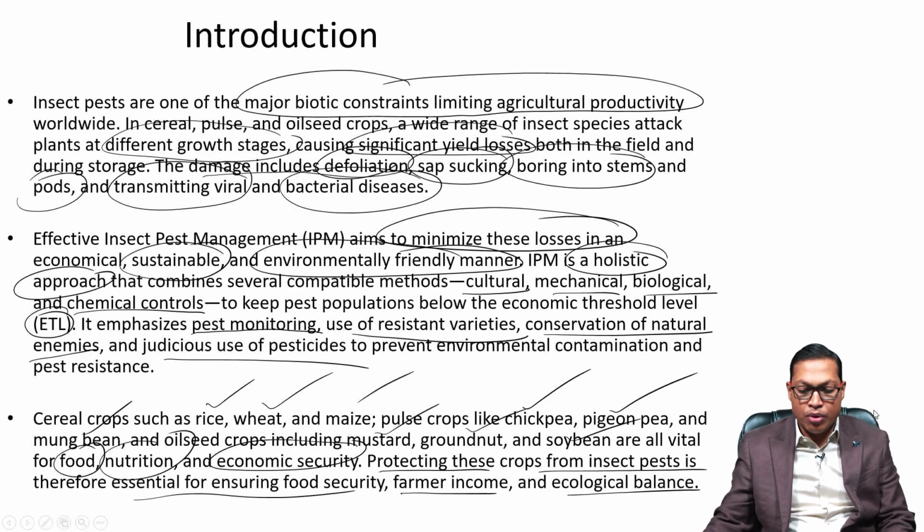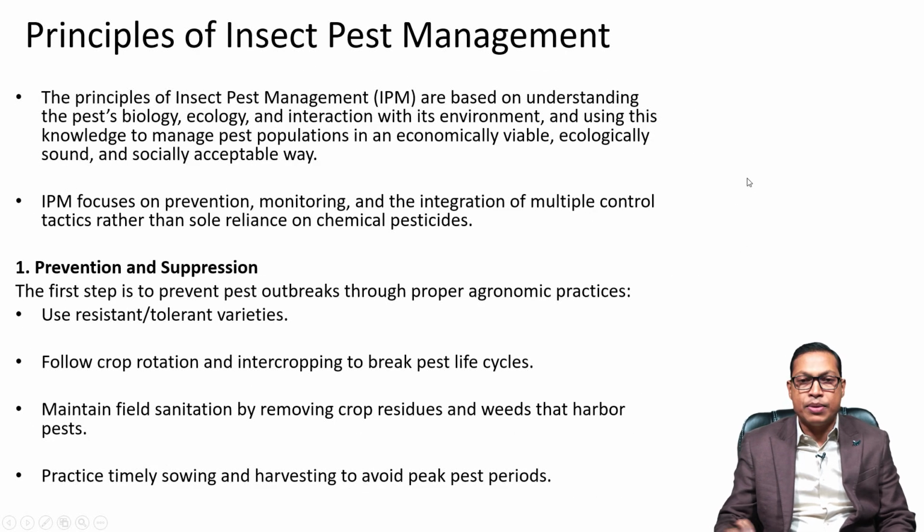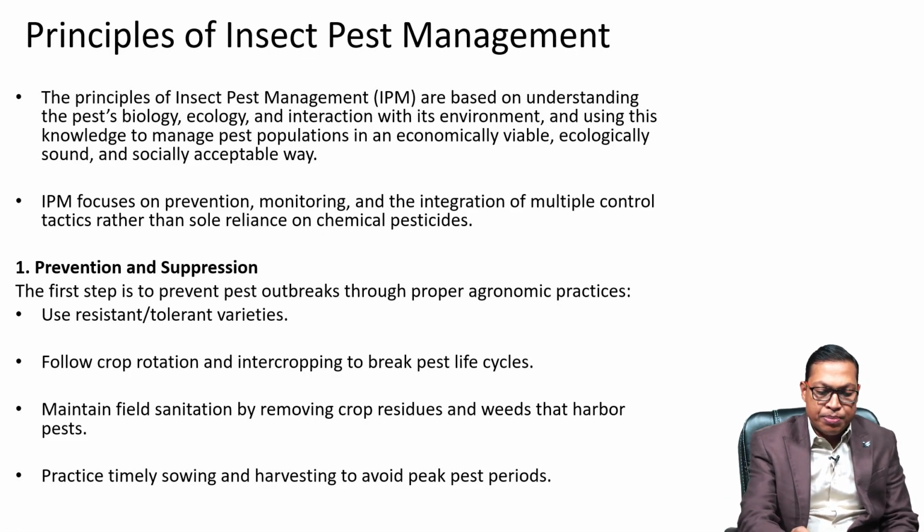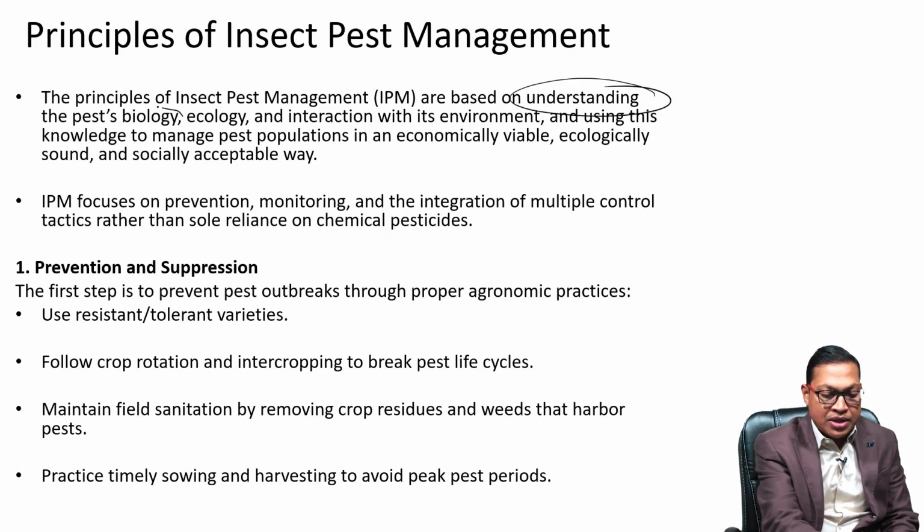Now we will discuss the principles of insect pest management. They are based on understanding pest biology and ecology. If we know the biology of a particular insect, and in which type of ecosystem it can survive or enhance its population, then we will be well placed to manage those problems in different crops.